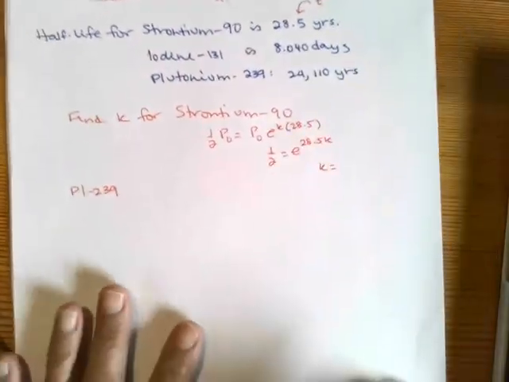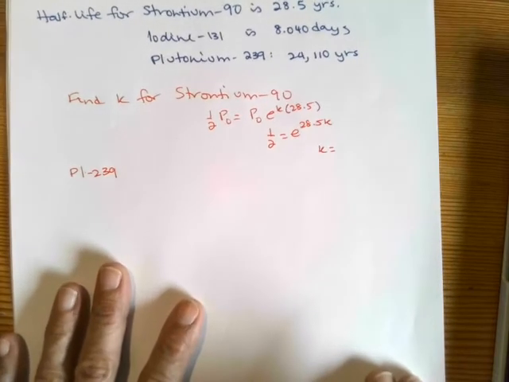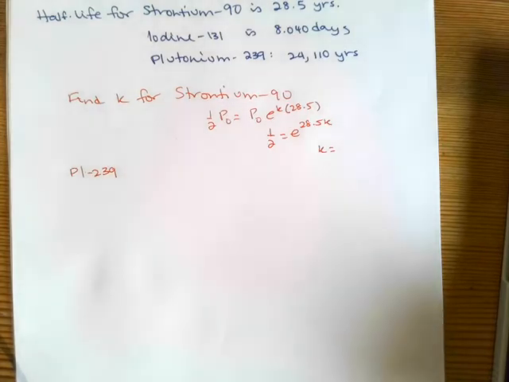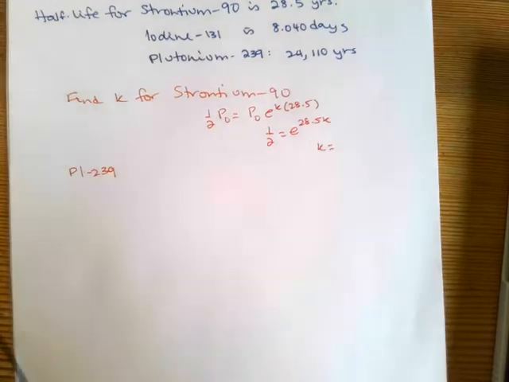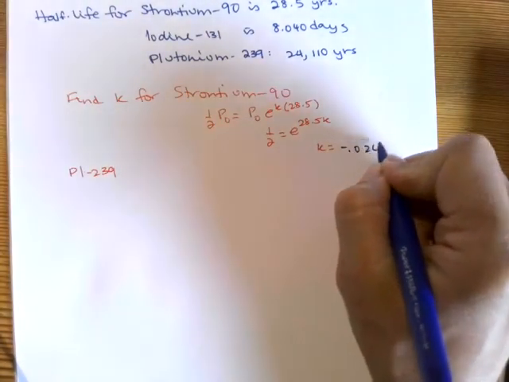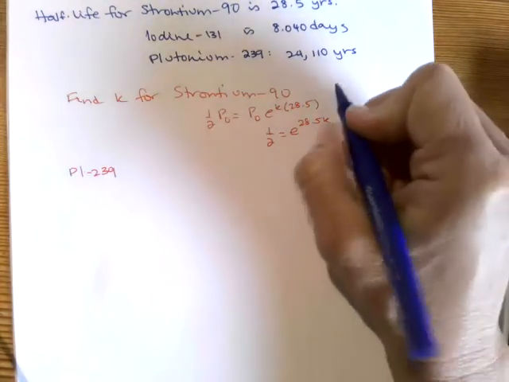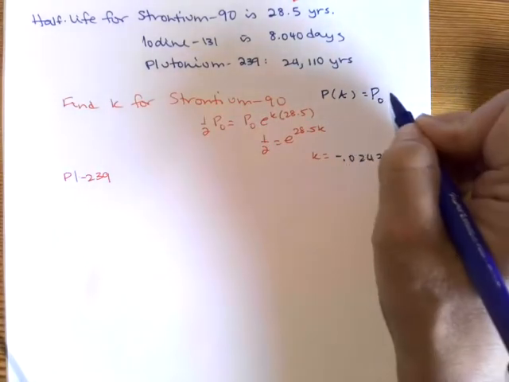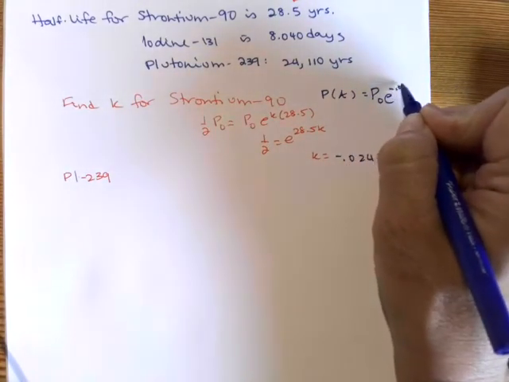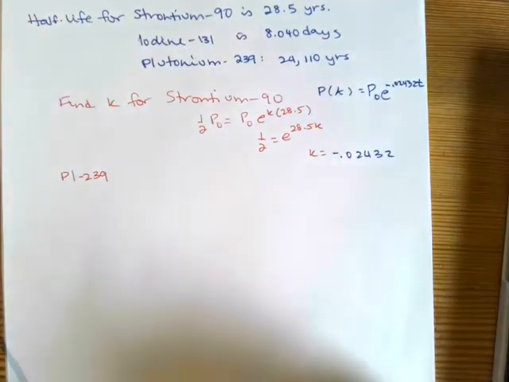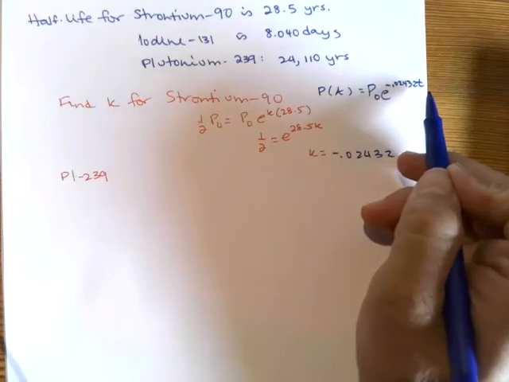So for strontium, oh, you can tell the sun just came out. I'll switch to purple. For strontium, I'm going to do the natural log again. So the natural log of 0.5 divided by that 28.5. For strontium, your K value is negative 0.02432. So your model, how much you have, P of t, is whatever you start with, e to the negative 0.02432 times t, where t is the number of years.